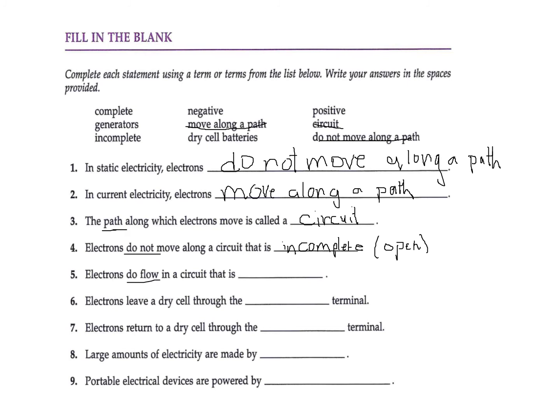Electrons do flow in one that is complete. So what's another word for complete? Closed. So if your circuit is closed, then the circuit is complete. That means I have electricity, so there's going to be light or anything else that you use. Electrons leave a dry cell through the negative terminal, right?